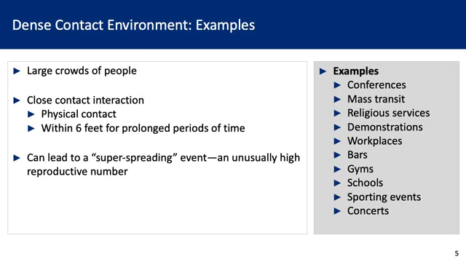Bars, gyms, schools, with people sitting together in a classroom for a long period of time, is another dense contact environment. Sporting events and concerts, or other places where people are often in very close contact with each other. So anytime you identify a case who's had one of these exposures during their infectious period, you're going to need to report to your supervisor. There may be more that you need to do than the typical contact tracing.